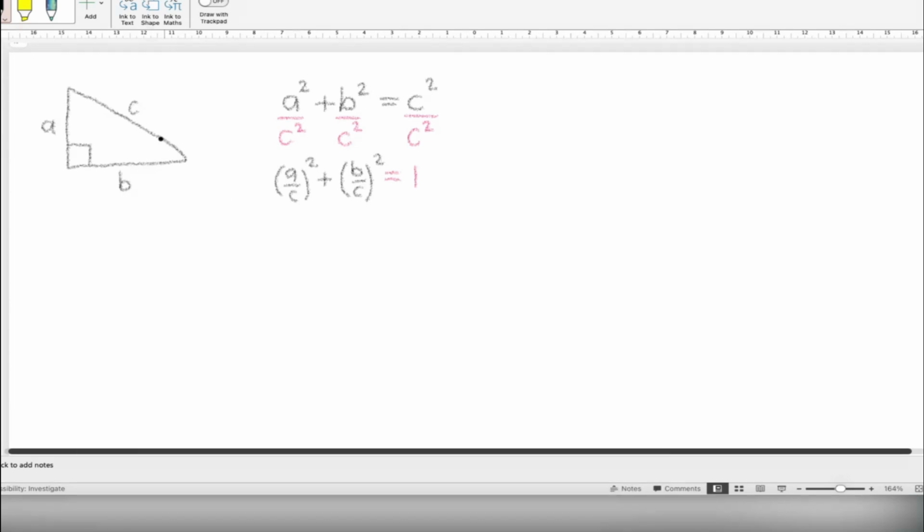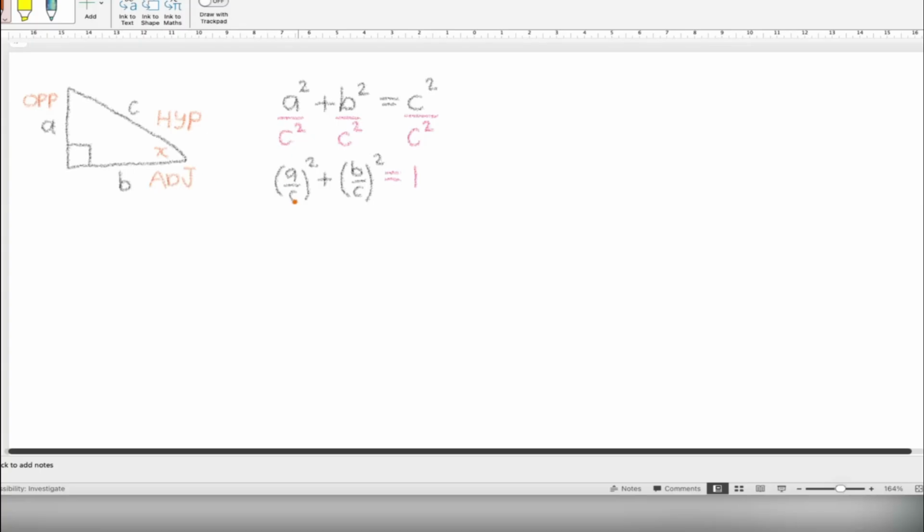Let's say this angle right here is x. So side a is going to be the opposite side, side c is going to be the hypotenuse, and side b is going to be the adjacent side.